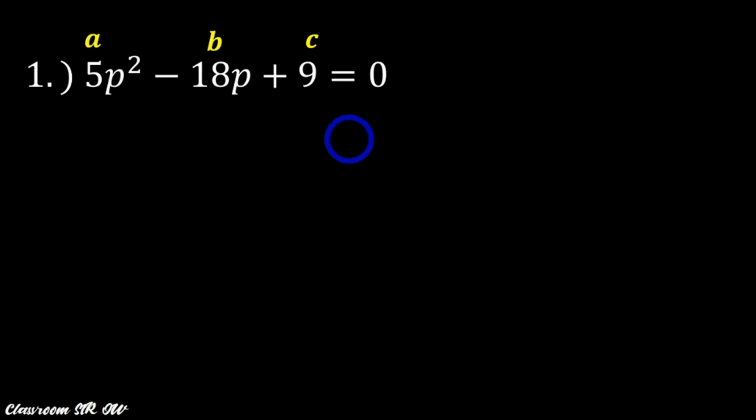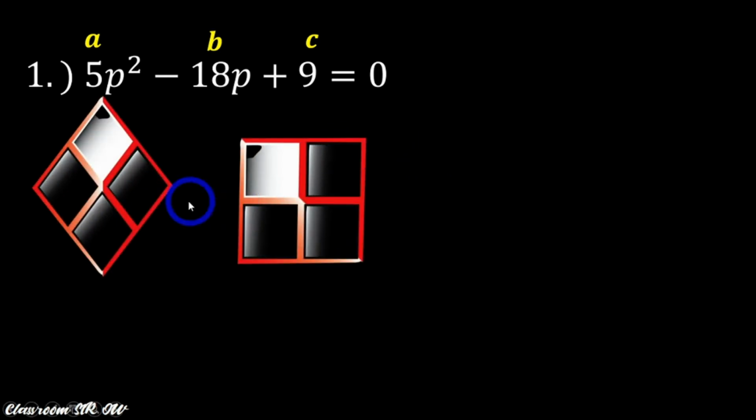Because we will use them in our method, which is the diamond and the box method. Just the same as in our previous session, the coefficient of the middle term, which is negative 18, is written on the top of our diamond.